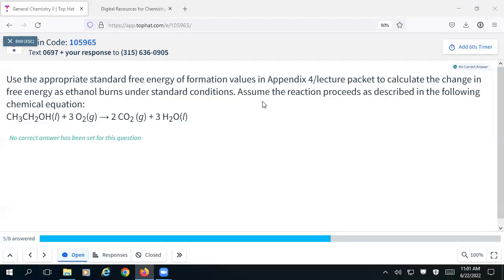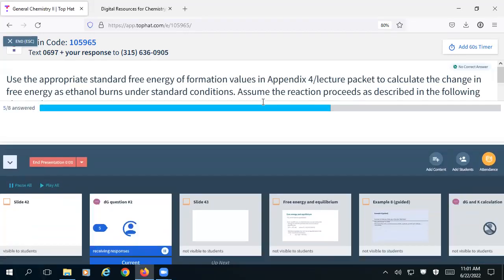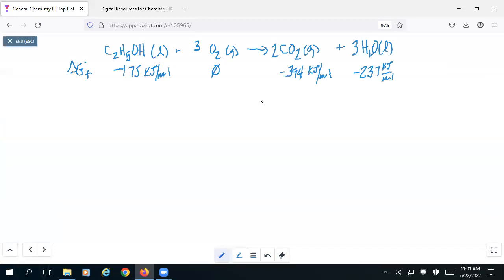All right, let's see how we did. So the real key to this question was we had to find the free energies of formation. Now the lecture packet had them in there. You probably should be able to find them in the appendices as well. Depending on your source, you're going to find slightly different values, but we had to make sure that we got the correct ones.